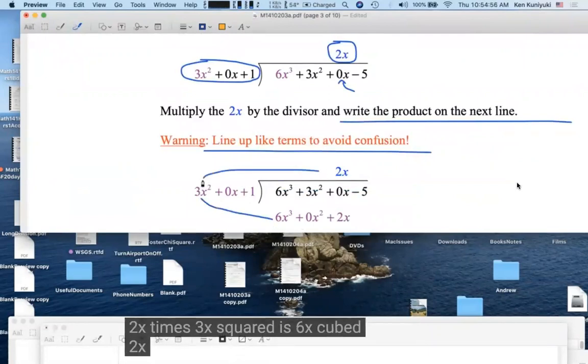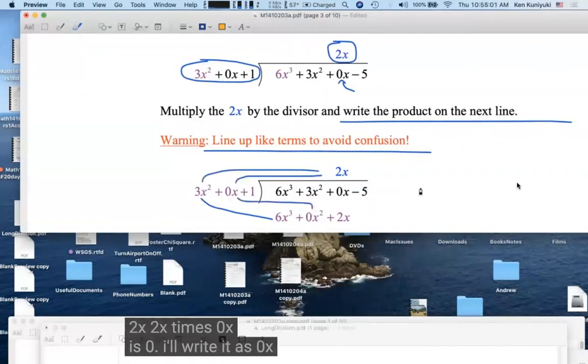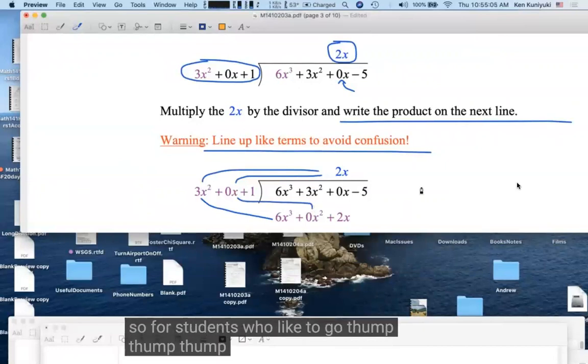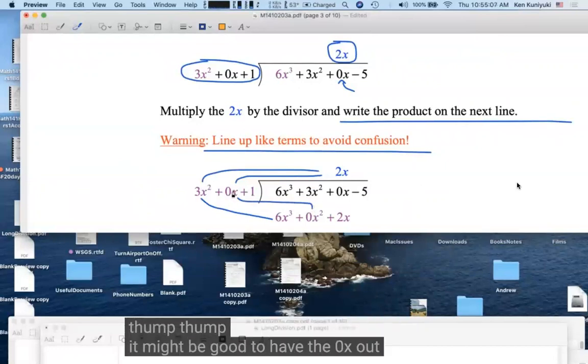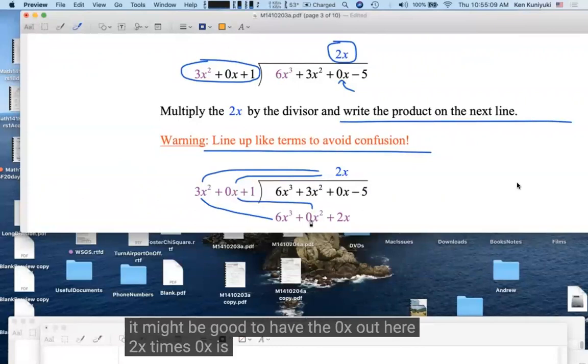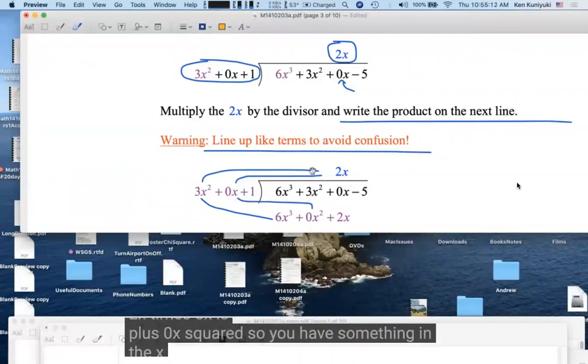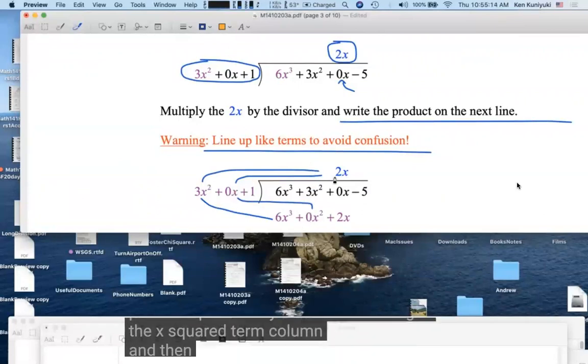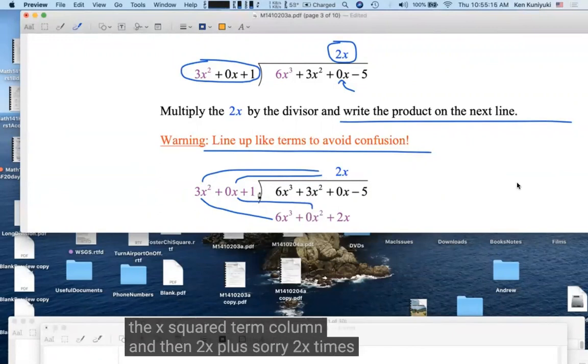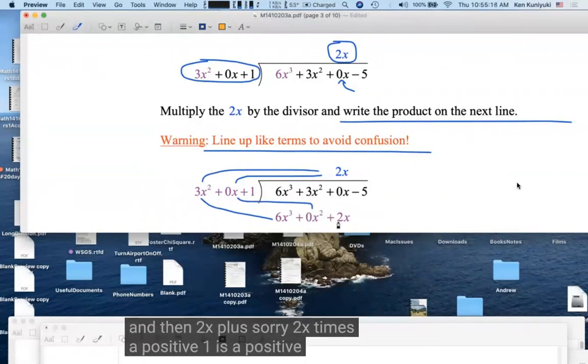2x times 0x is 0. I'll write it as 0x squared. So for students who like to go thump, thump, thump, it might be good to have the 0x out here. 2x times 0x is plus 0x squared. So you have something in the x squared term column. And then 2x times a positive 1 is a positive 2x.